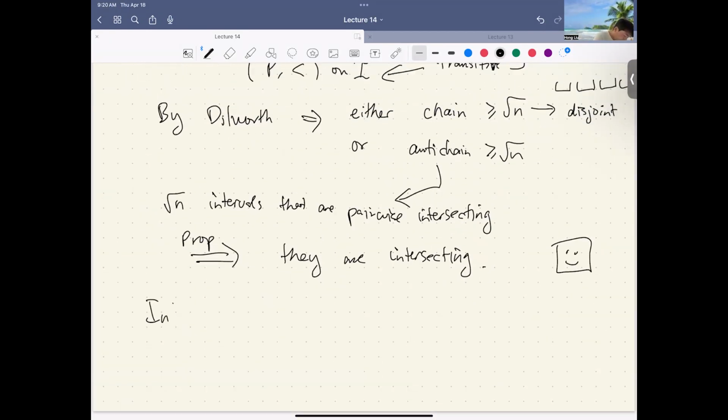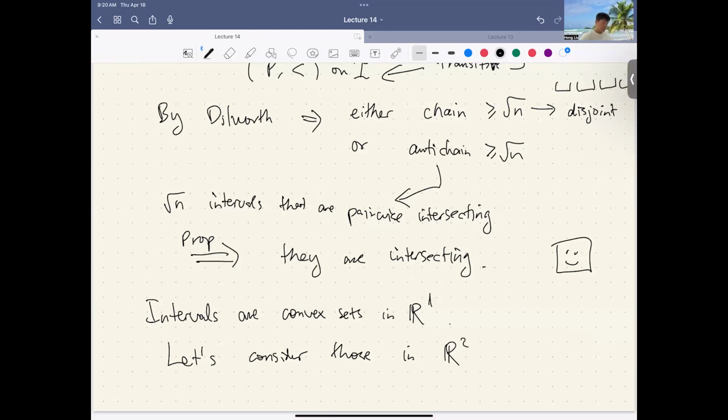So intervals are convex sets in R1. Let's consider those in the plane R2.